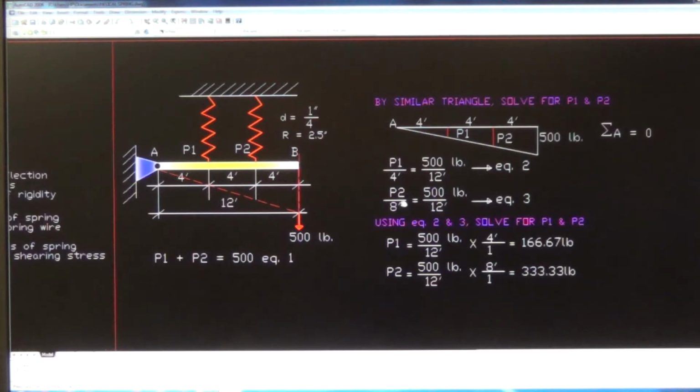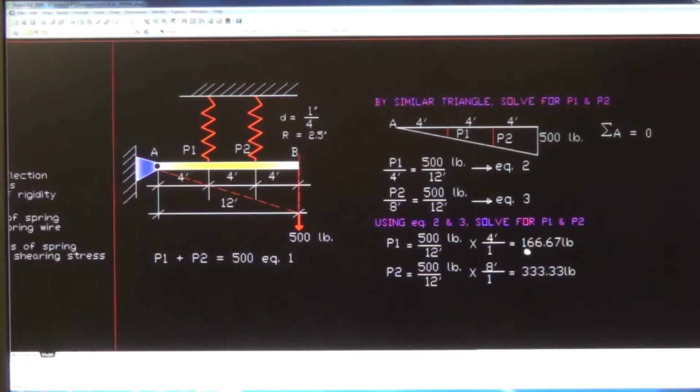And by cross multiplying equation 3, the number 8 goes there, so P2 is equal to 500 over 12 times 8 over 1, which equals 333.33 pounds. Any whole number is understood to have a denominator of 1, so I just put it here to make it proportional and look good.